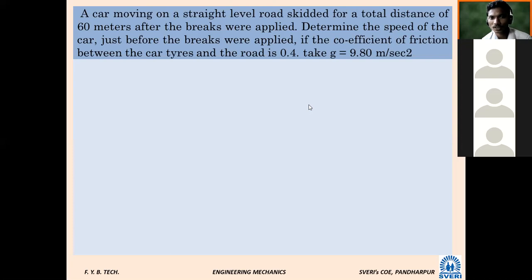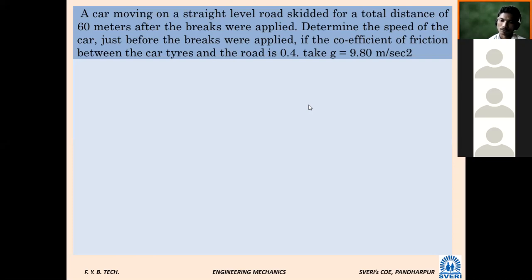A car is moving on a straight level road for a total distance of 60 meters after the brakes were applied. Determine the speed of the car just before the brakes were applied, if the coefficient of friction between the car tires and the road is 0.4.